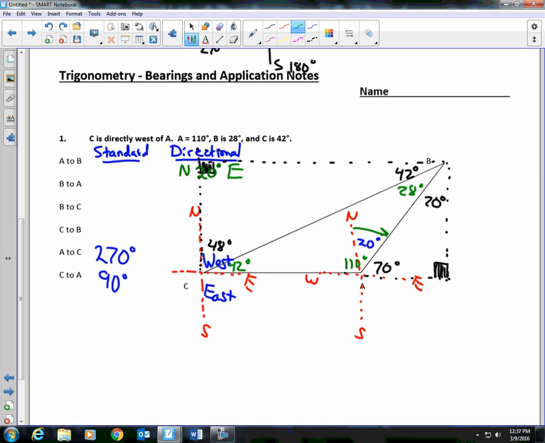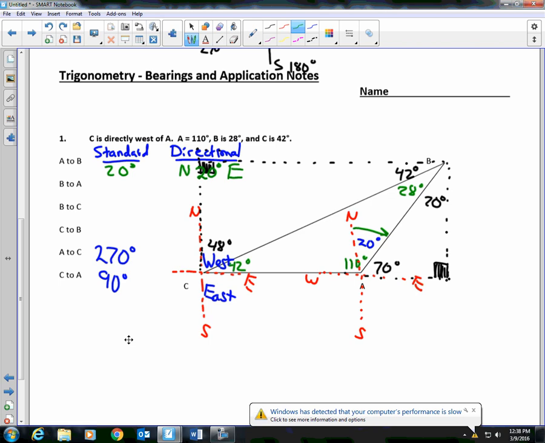So that reads north 20 degrees east. And that's what that's referring to. Now, give me a number associated with north. 0. If I travel 20 past 0, that would bring me to 20 degrees. So 20 degrees is synonymous with north 20 degrees east.